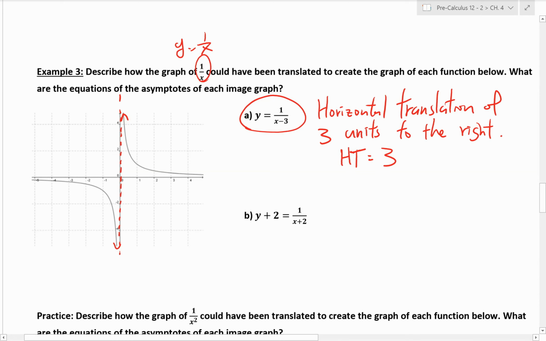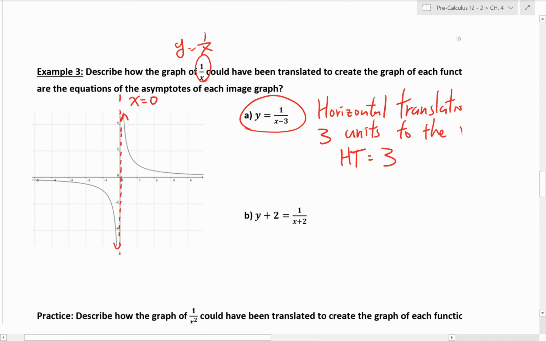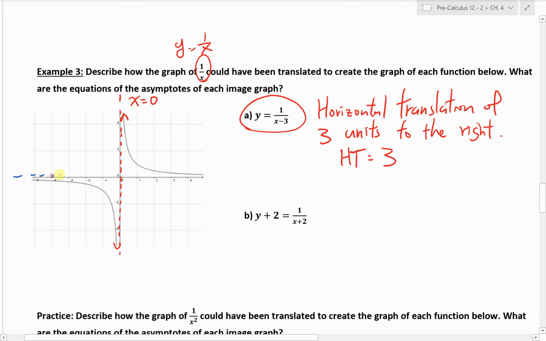That's a vertical asymptote right there, and it has an equation of x equals 0. We have another asymptote, and this time it is a horizontal asymptote, and it is right here. You can see the graph goes towards the horizontal line right there, but it will not touch, and this equation is y equals 0. So here we go. If we have horizontal translation 3 units to the right, do you think that it's going to affect the vertical asymptote or the horizontal asymptote?